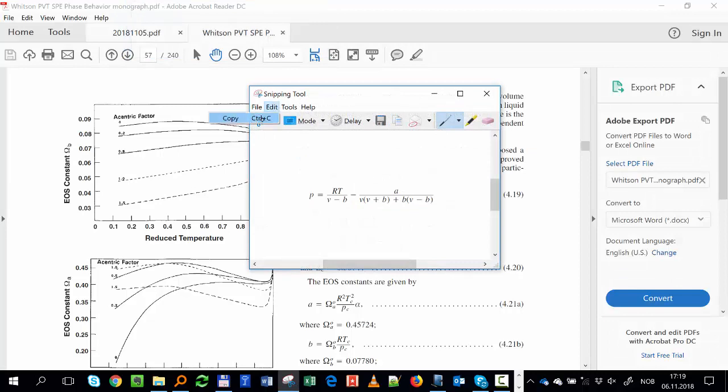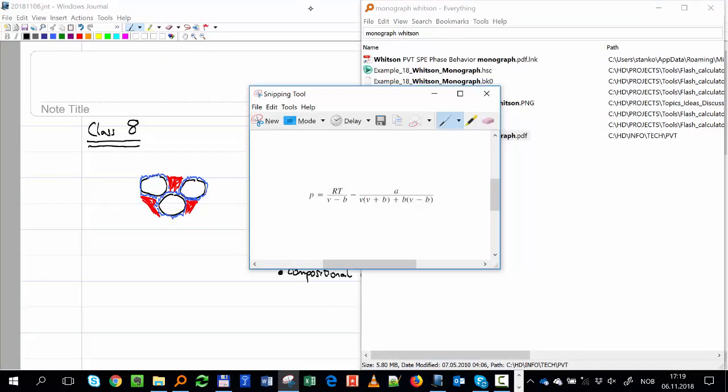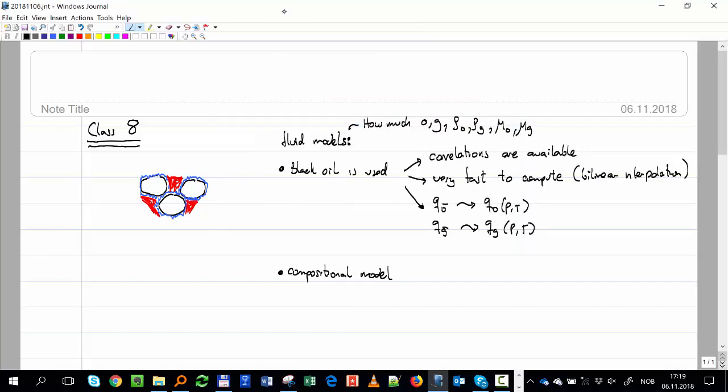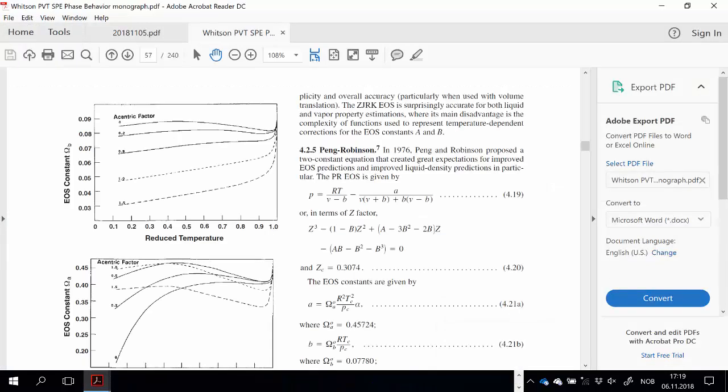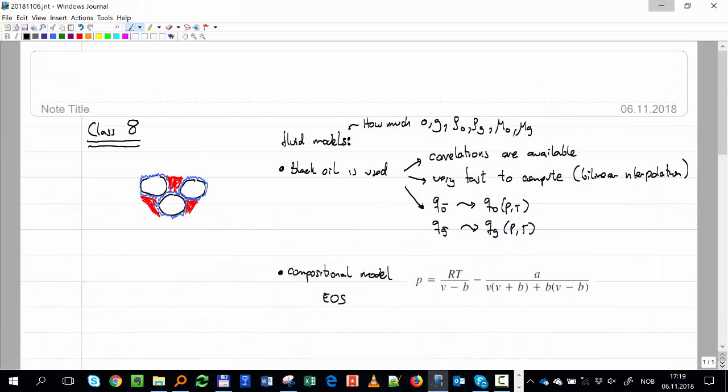You probably saw van der Waals, you probably saw some other equations. Where you use what is called an EOS, equation of state. The C factor is not enough when you have two phase. It's fine for gases, but it's not enough when you have two phase. So you have to use an equation of state. This one that I'm showing here, I think that's Peng Robinson, from 1976.